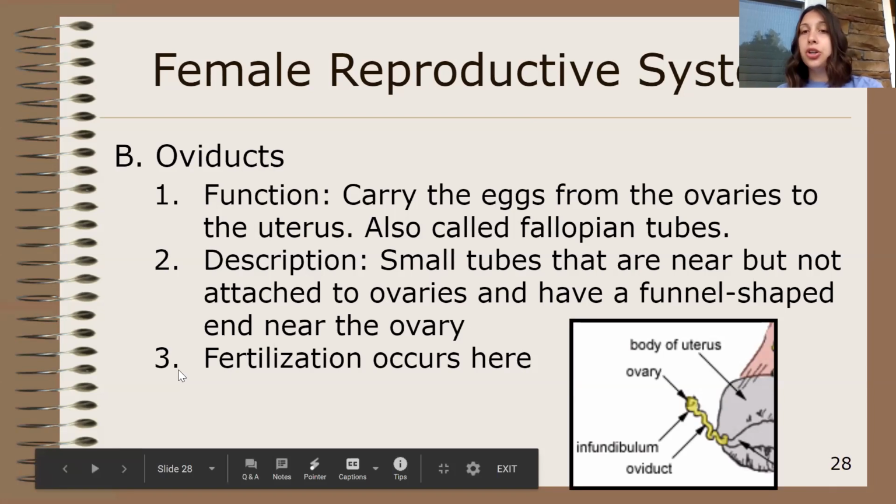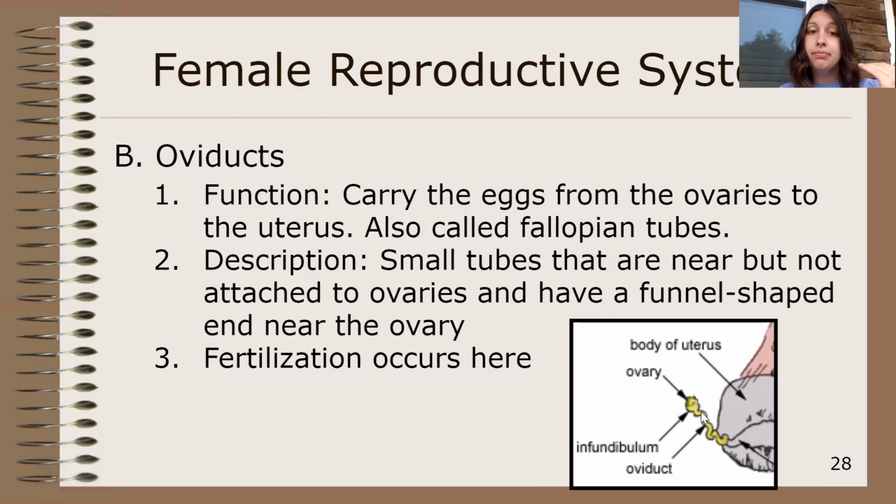This is where fertilization occurs. So literally, the egg is released, and if the sperm doesn't meet it somewhere in here, it's not going to get fertilized. The sperm has to swim all the way through the female reproductive tract for it to end up meeting the egg and fertilizing it.